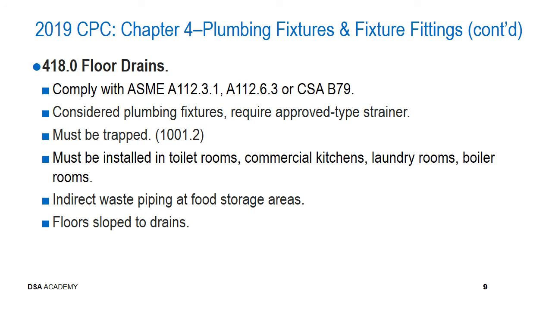Generally what we'll see is indirect piping into something that looks like a floor sink. You've got an air gap or an air break that's required depending on the design parameters. And of course, floors are required to slope to the drains. And all of this is going to be very clearly detailed in the approved plans.